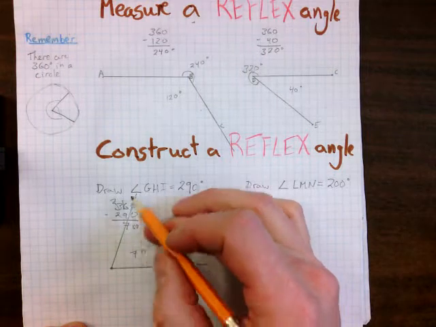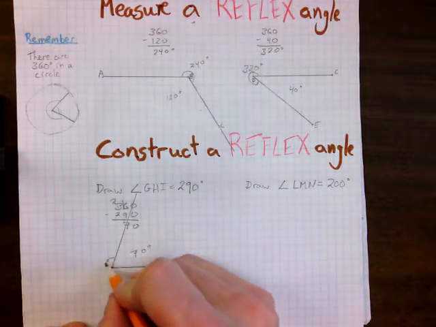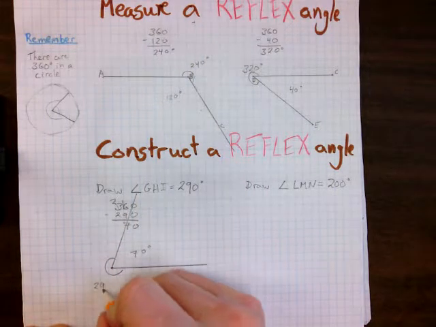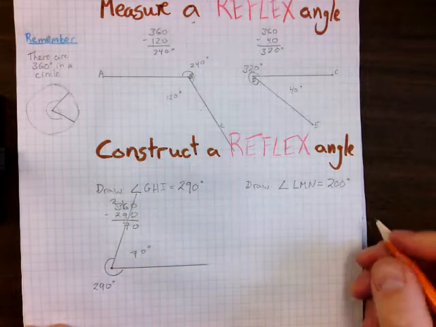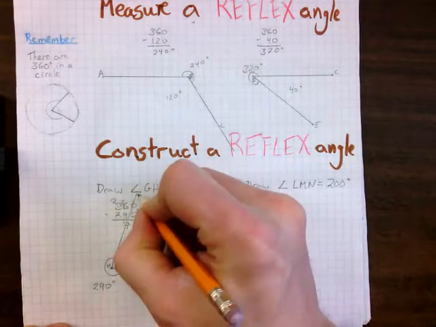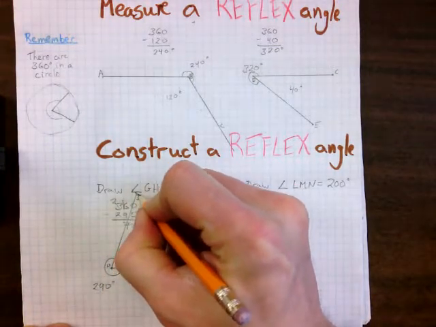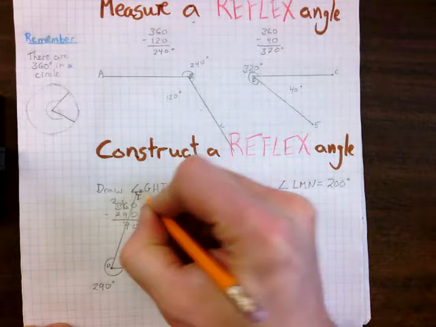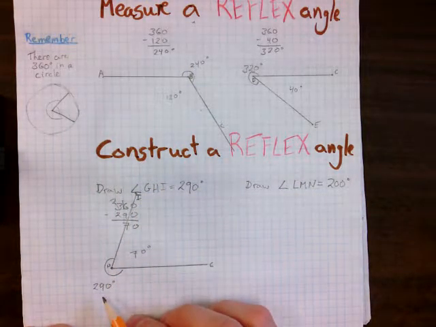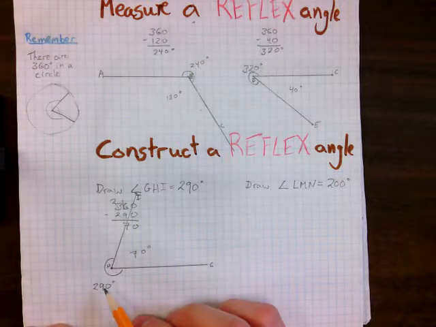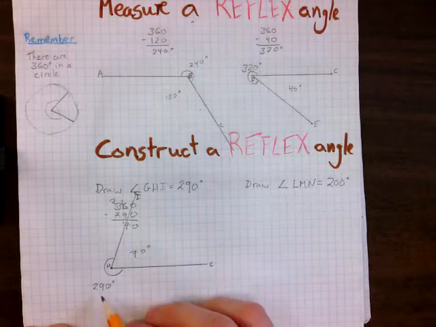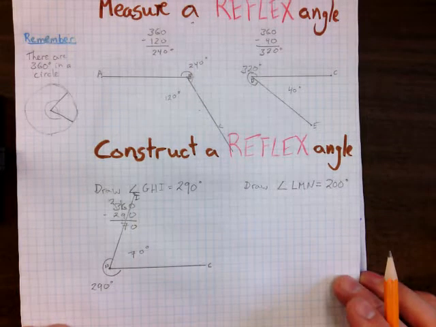But because we did the subtraction, the outside is what we were looking for, 290. Okay, now all that's left to do is label it GHI. GHI 290 degrees. To check our work, does the outside plus the inside equal 360? 290 plus 70 equals 360.